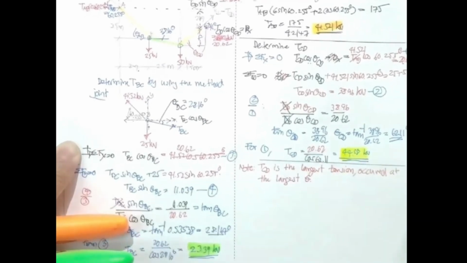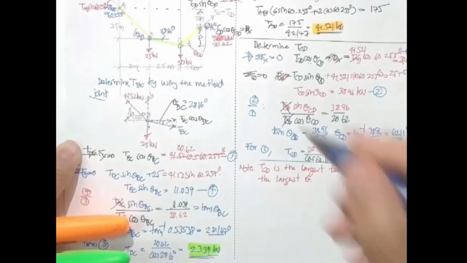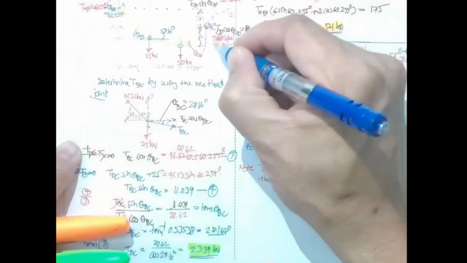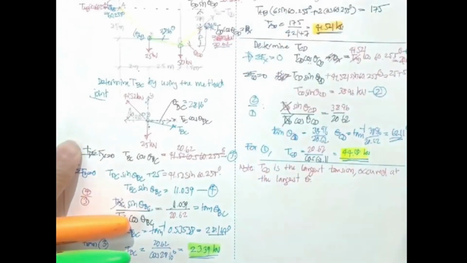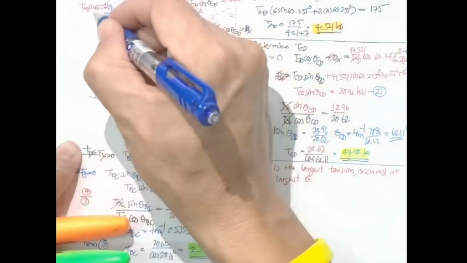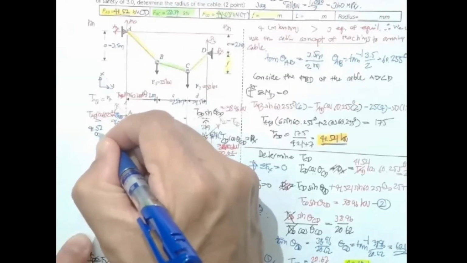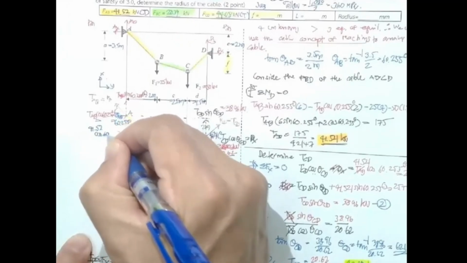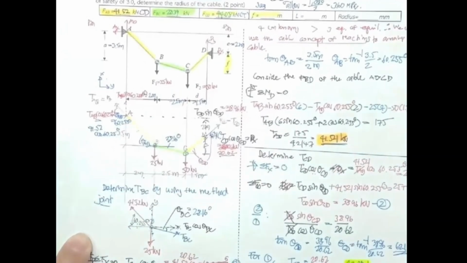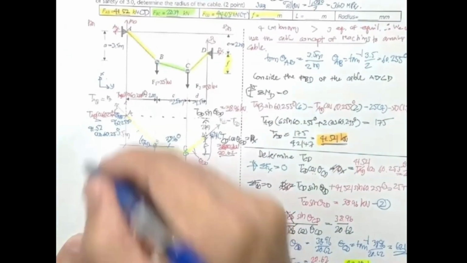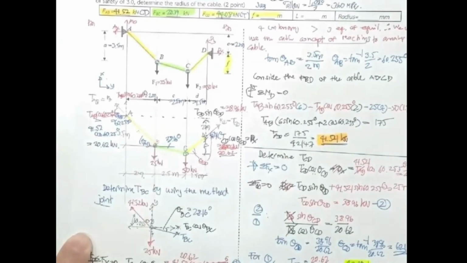This is very important. And then there is another thing. I think this one is 20.62. Let me put this one into the calculation. T sub AB is 41.52 cosine 60.25. If you put it in your calculator, you will get 20.62.